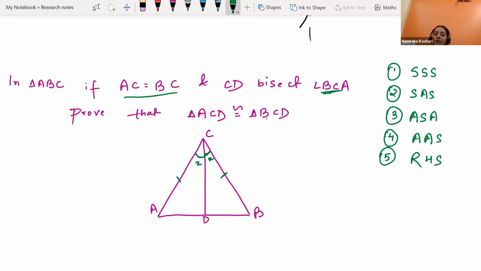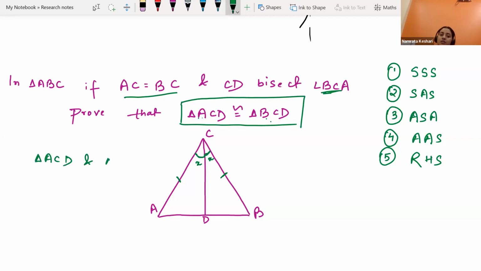Now whenever you have this type of question, please just go and attempt it, because this is very simple. See, ACD, BCD, we don't even have to think about which two triangles can be taken. It is clearly written that you must take triangle ACD and triangle BCD. So we will take them. Now in these two triangles, what is given?